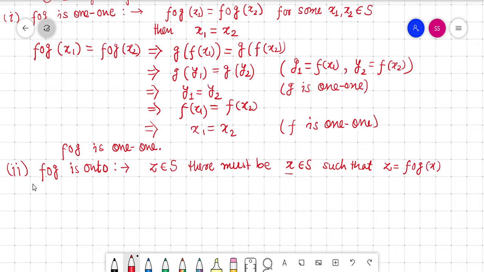We shall use the properties of F and G, obviously. If you remember, G is an element of Sn. It means G is one-one and onto.